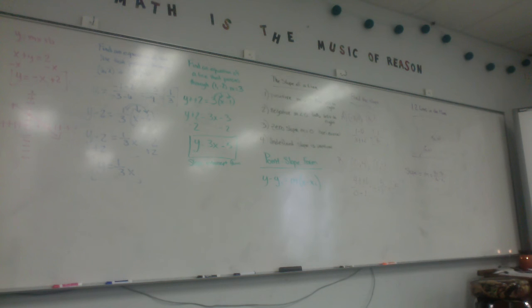The second form that we talked about is a vertical line, where x equals whatever. The third is a horizontal line, where y equals b.